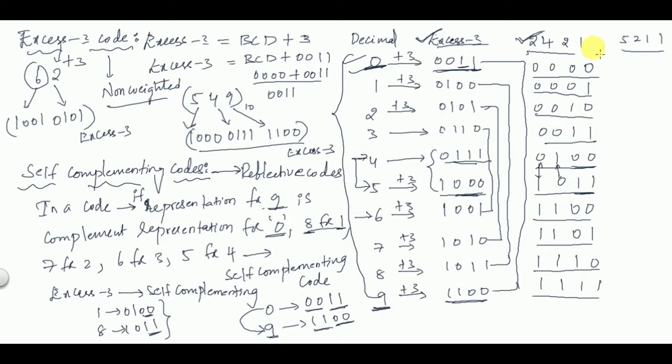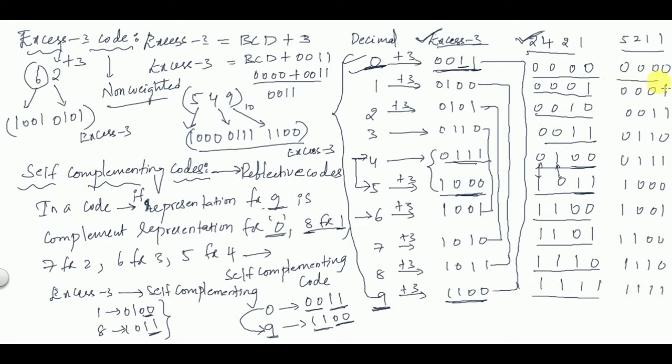Next, if you have 5211 and write the representations, 0 is 0000. Similarly 1 is 0001, 2 is 0011, 3 is 0110, 4 is 0111, 5 is 1000, 6 is 1001, 7 is 1100, 8 is 1110, and 9 is four ones.